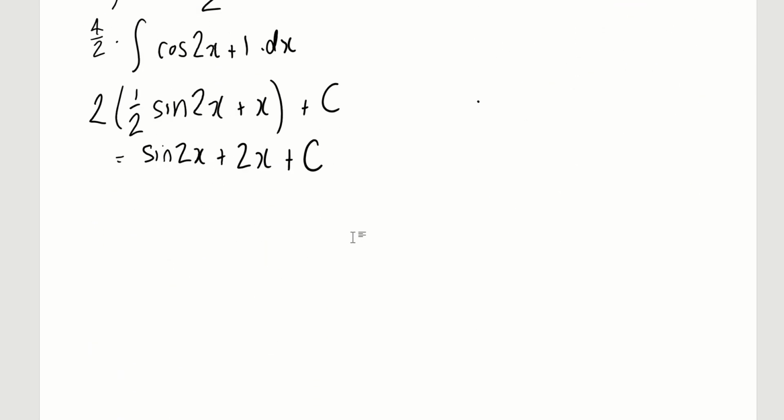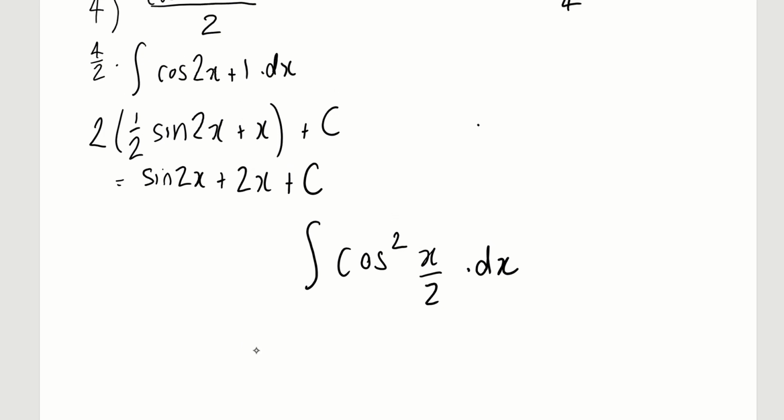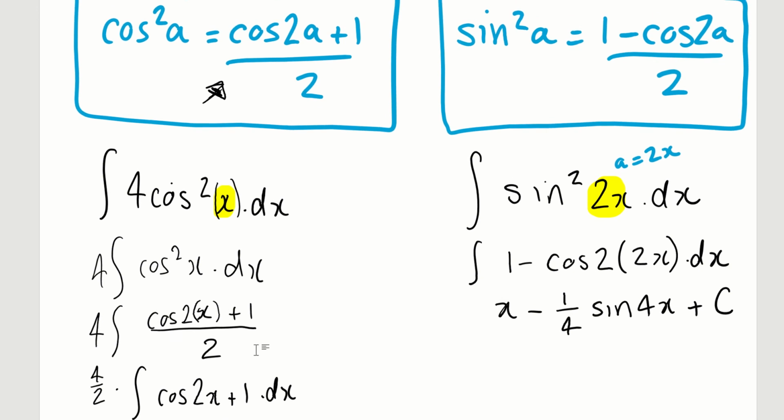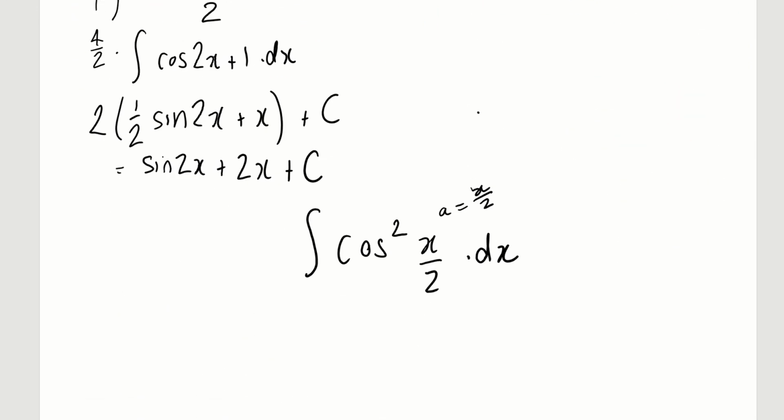Okay, so the last example I wanted to do was just slightly harder. Okay, oops, and that is definitely a square there. The first thing I'm going to say, well, a is x on 2, or a half x, whichever way you want to think about it. I said, all right, make my substitution. Cos squared is cos 2a plus 1 all on 2.